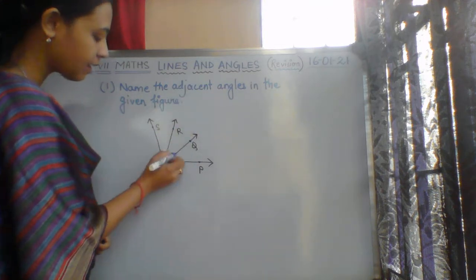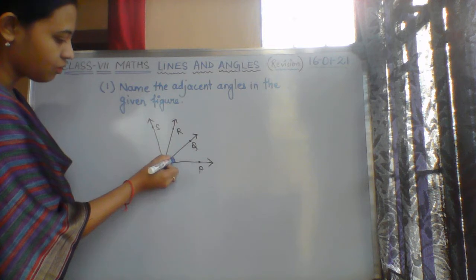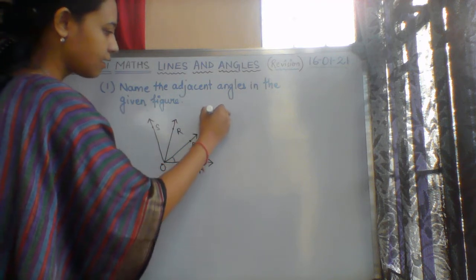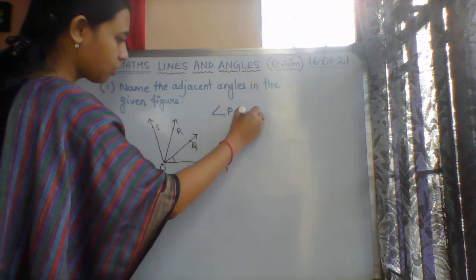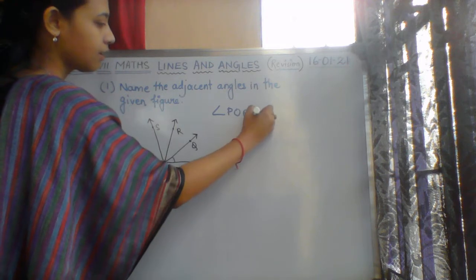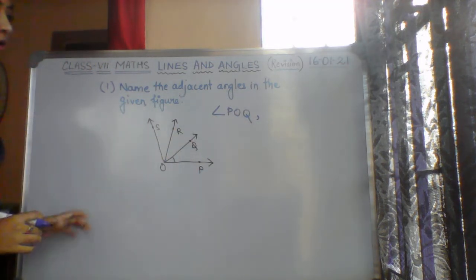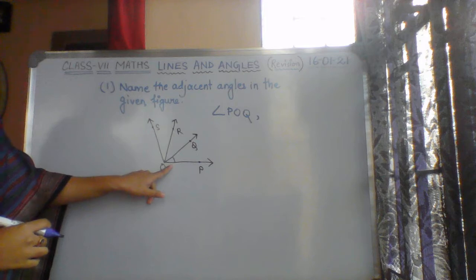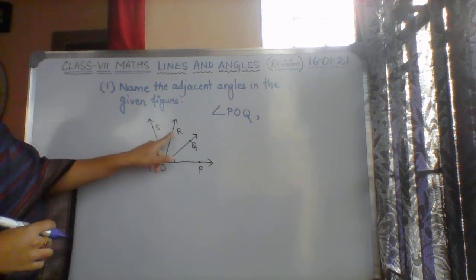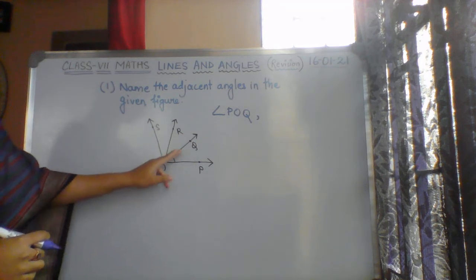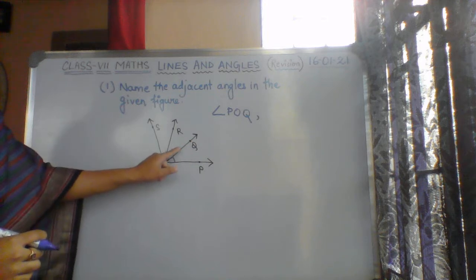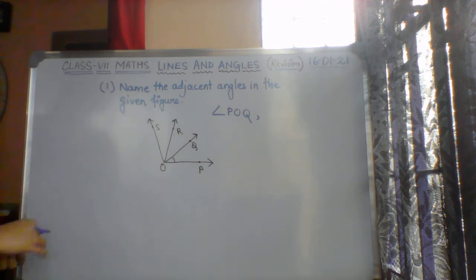First, I am taking this angle, angle POQ. It is adjacent to what? Yes, ROQ. There will be a common arm, and keeping this common arm, you have to name that angle.